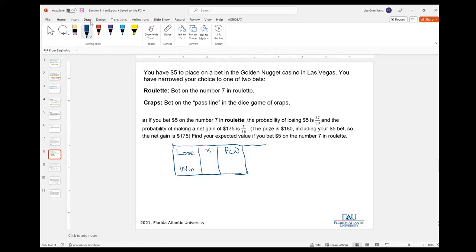So what we're going to do is put another column here, which is X times P of X. All right. So first one, if you bet $5 on the no, actually, let me move this lose down a little, sorry.